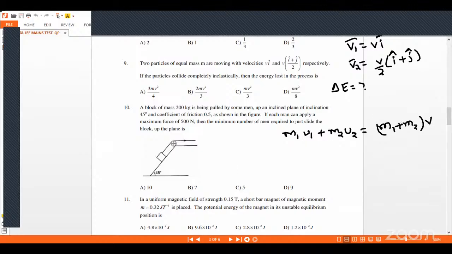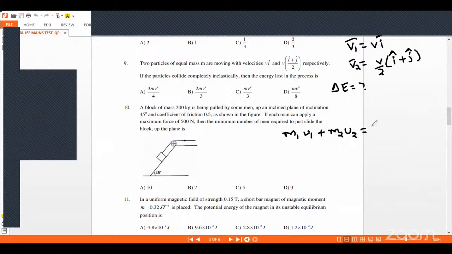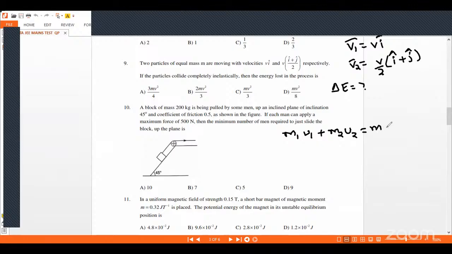That is a completely inelastic collision. Perfectly inelastic means we can say combined velocity. So it is M1 plus M2 into V1 plus M1 plus M2 into V2.